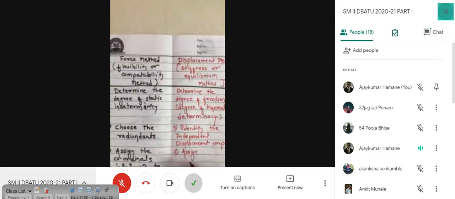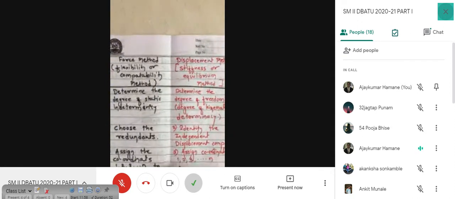In the third step of the displacement method, assign coordinates 1, 2, 3 to the independent displacements.